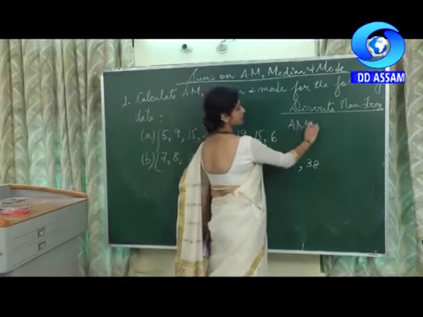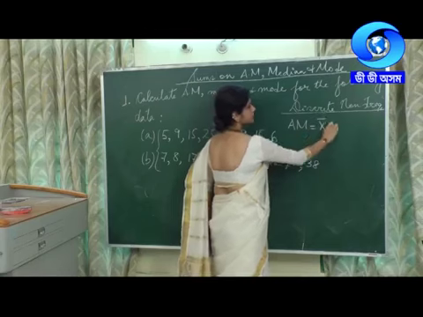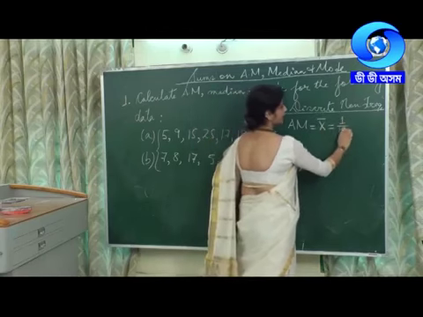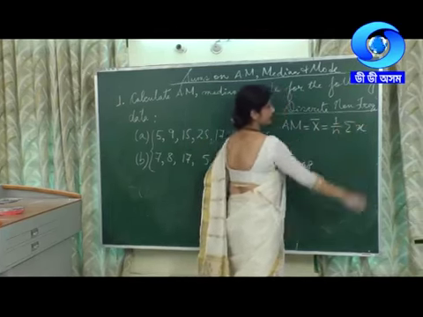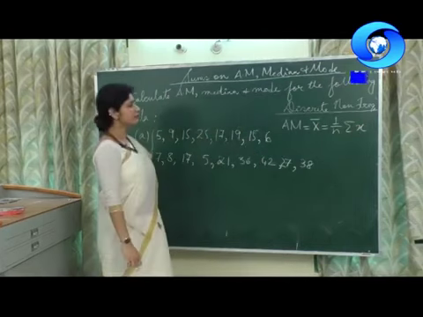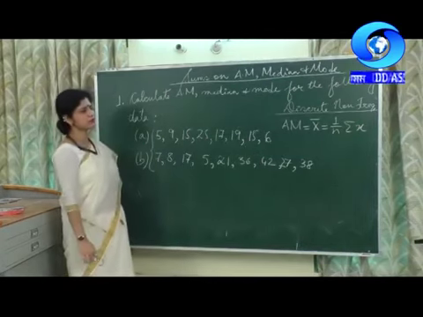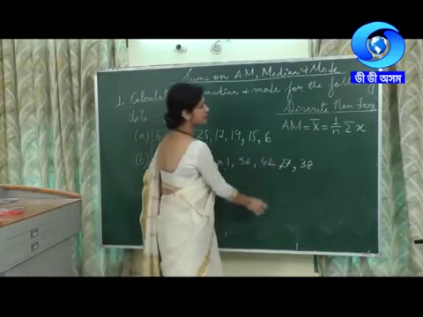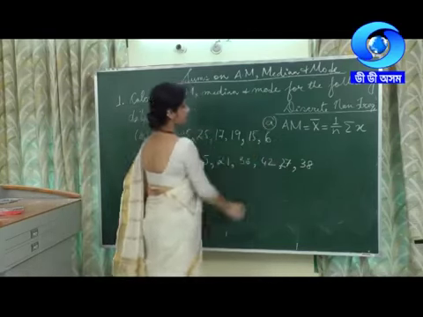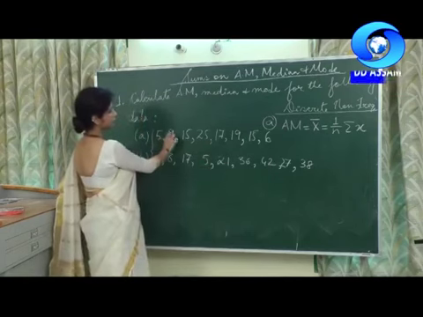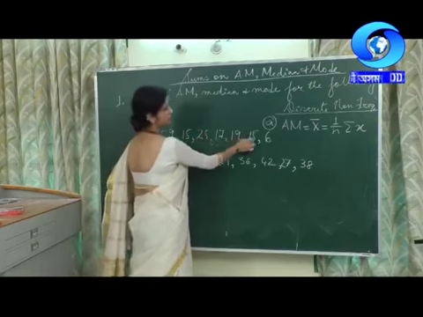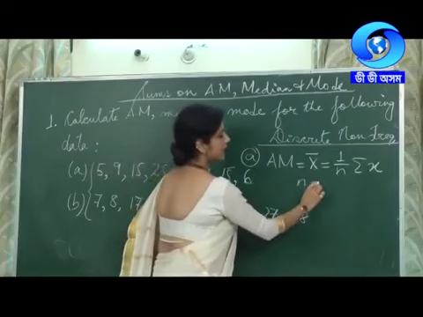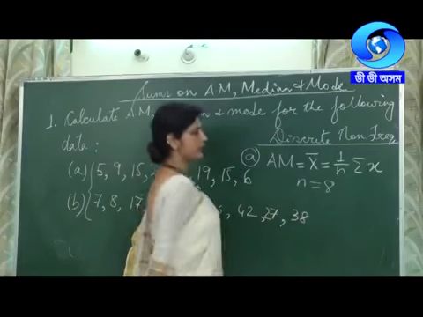Arithmetic mean x bar is equal to 1 by n summation x. Yes, for a discrete series, if you do not make the table, that is fine. So suppose this is number A. How many values are there? 1, 2, 3, 4, 5, 6, 7, 8. So here n is equal to 8.